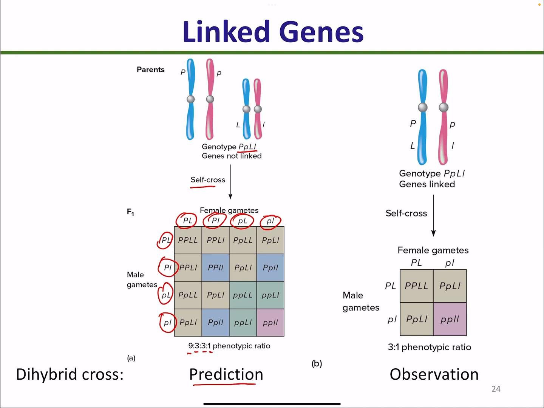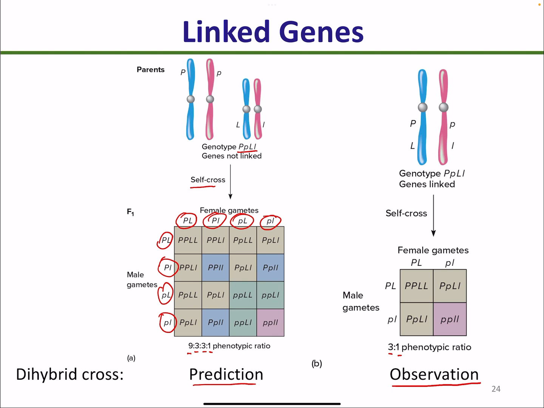But Bateson and Punnett found something completely different. They observed a 3-to-1 phenotypic ratio. That was confusing, right? They wondered, what is happening here?